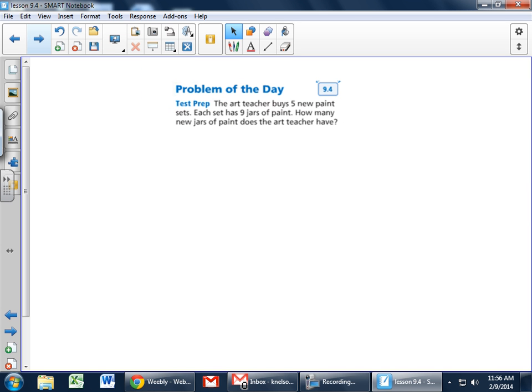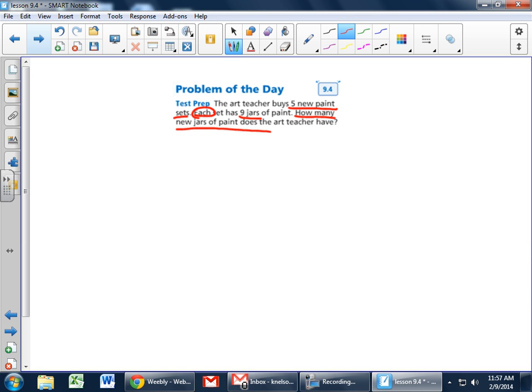Problem of the day, getting our brains warmed up. The art teacher buys 5 new paint sets. Each set has 9 jars of paint. How many new jars of paint does the art teacher have? So she bought 5 new sets, and each set has 9 jars, and they want to know the total.